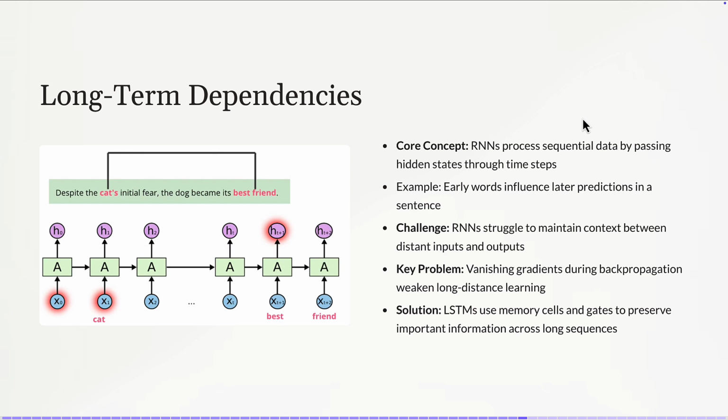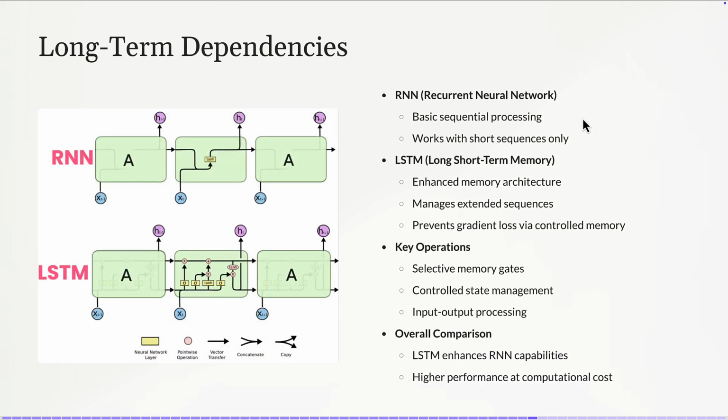So RNN processes sequential data by passing a hidden state through time steps, but RNNs struggle to maintain the context between distant input and output. And this is why LSTM came into the picture. Without going into details, there are some gates that were defined in order to carry information from the previous state directly over this channel, so as to maintain the relationship between words that are distant in a certain sentence.